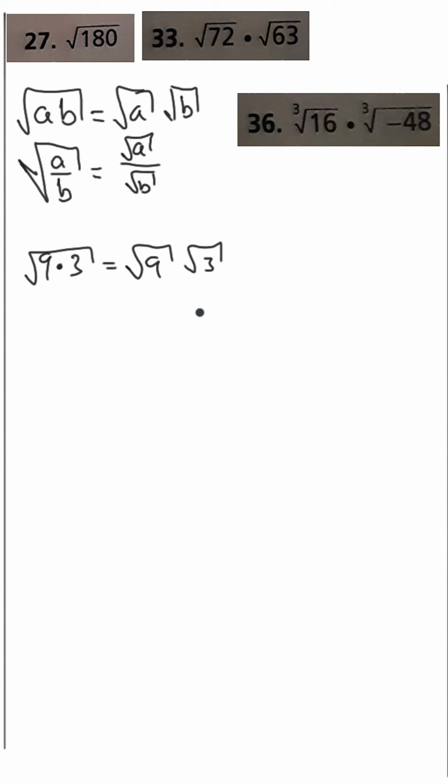Now, also, it's important to remember that if you have a base and the exponent has the same index as the root, so for example, a square root with a squared power, then you can just cancel the root and the power because they are inverse operations, and it's going to leave you only with the number inside. And this applies to any kind of root.